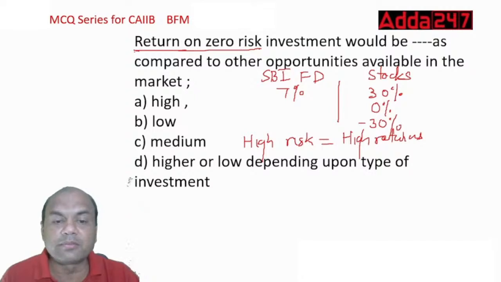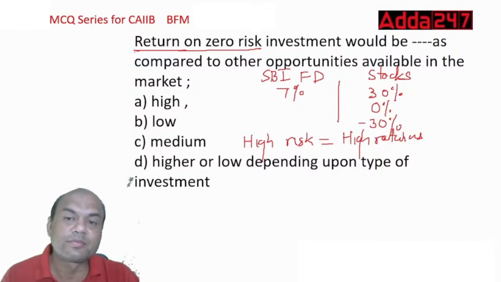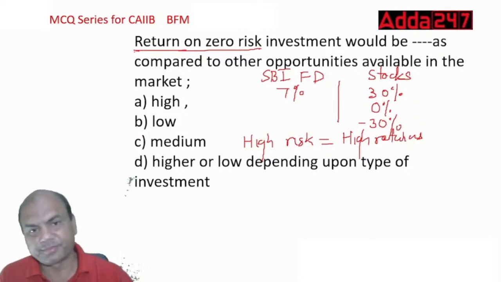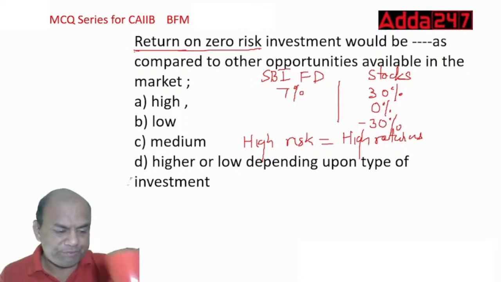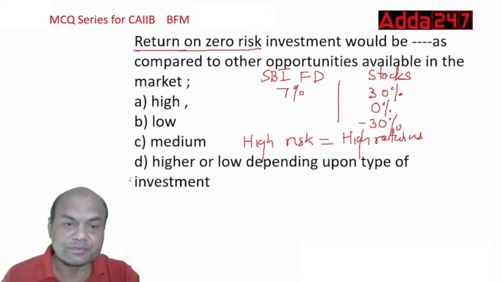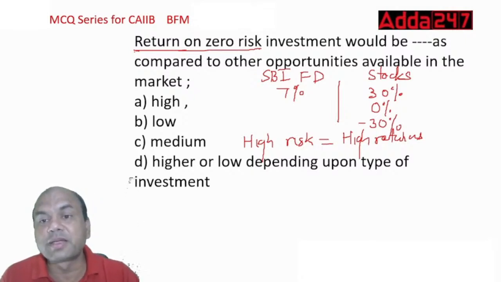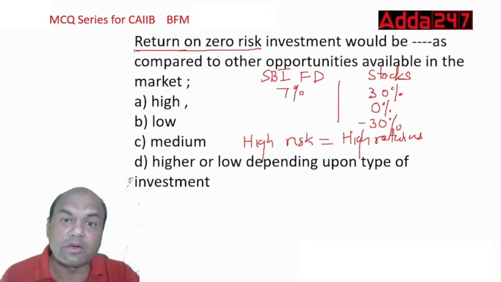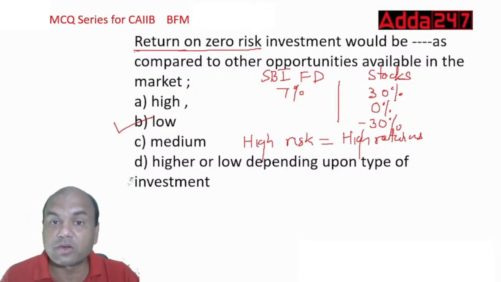High, low, medium, high or low depending on the type of the investment. Somebody is typing D. See here, if it is higher depending on the type of instrument, then it becomes a riskier element. We are talking of zero risk. Zero risk will always be low. Treasury bills, T-bills are zero risk instruments.